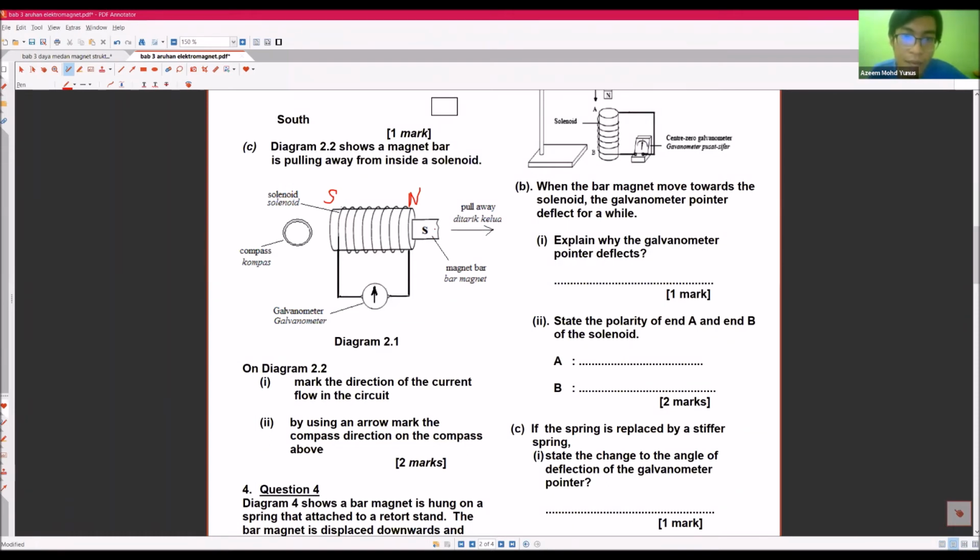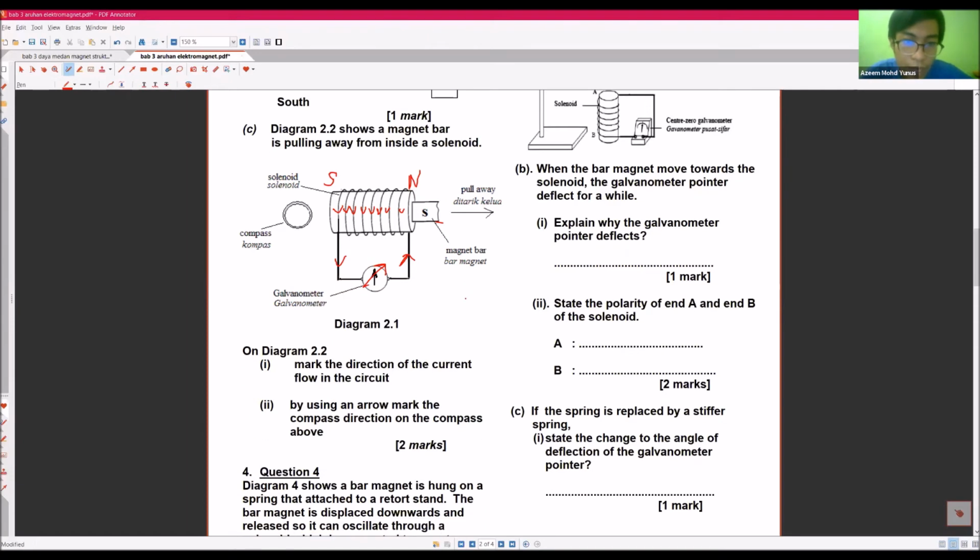The solenoid wants to keep it closer, so it must be the opposite pole, because opposite poles attract each other. So we already did the first step here, north and south. Then we can use our right hand grip rule. Always, if you see a solenoid, use the right hand grip rule. So north is towards the right, so the fingernails show downwards. So we draw the current on the surface downwards. Back. So that is the deflection of the galvanometer.